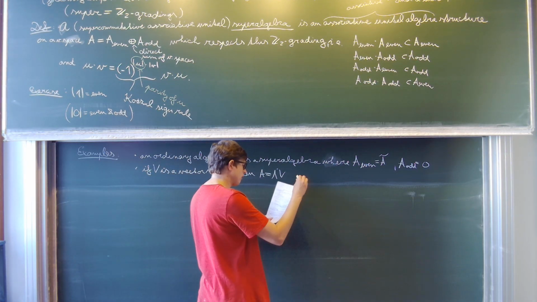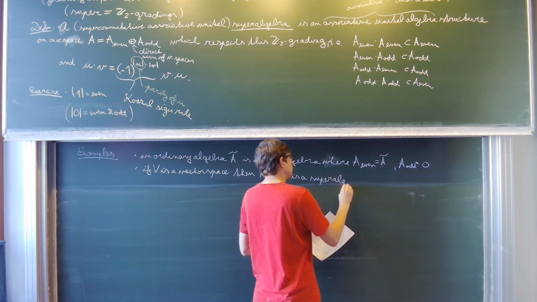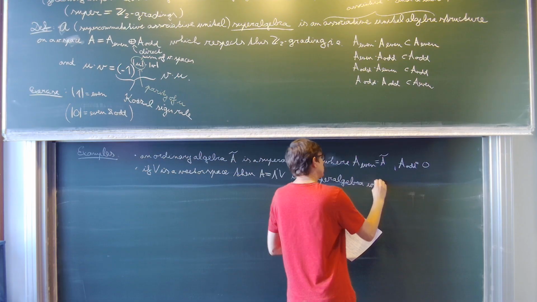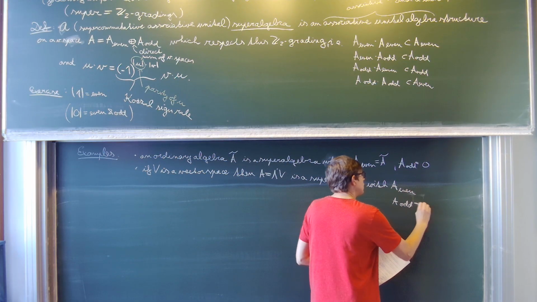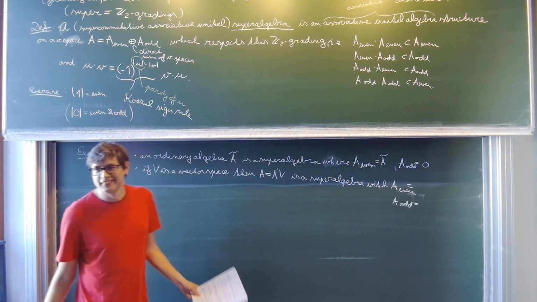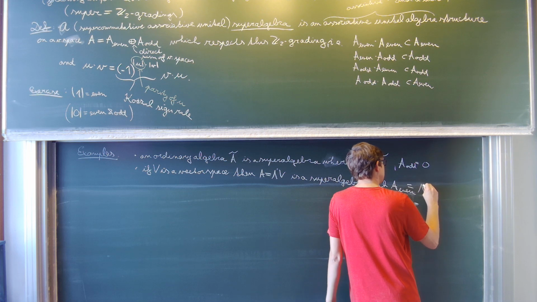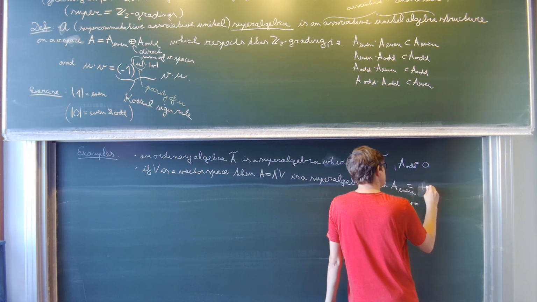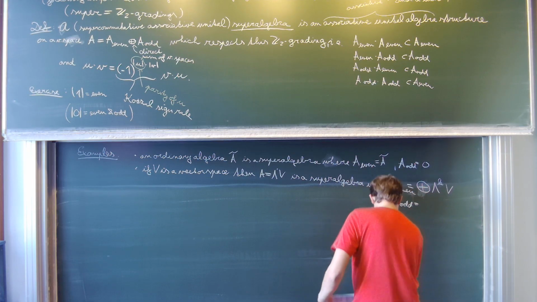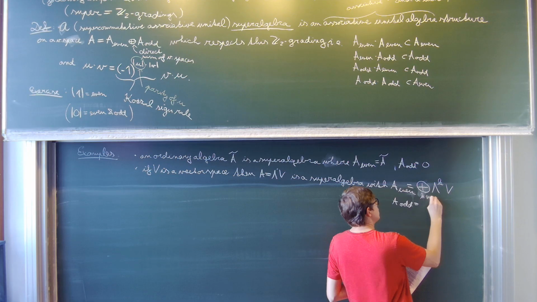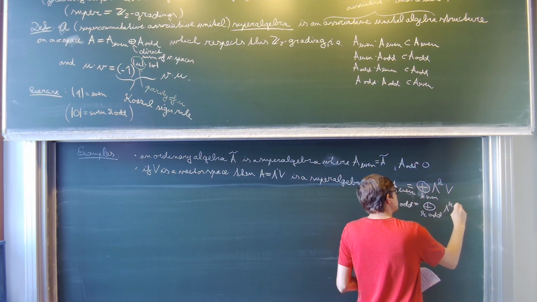Now, what is the even and what is the odd part? Anyone guess? The even part will be the sum over even degrees, and the odd part the sum over all odd powers.